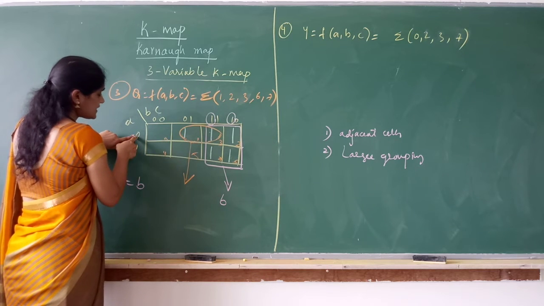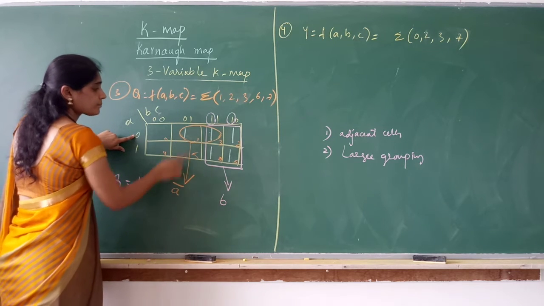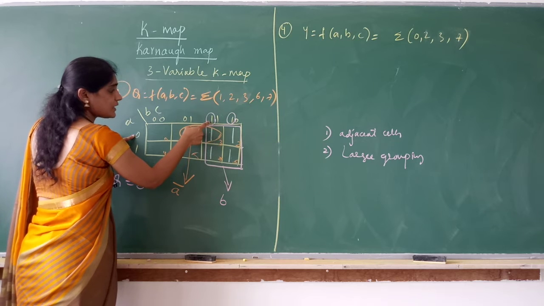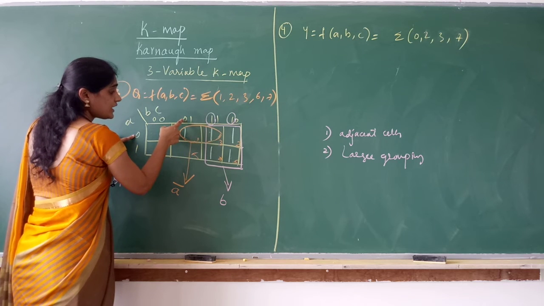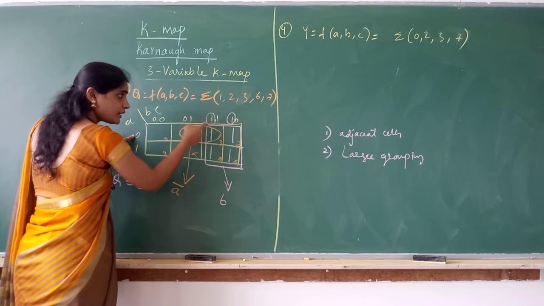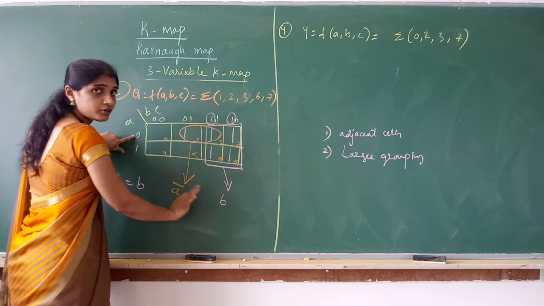For cell number 1, A is 0. For cell number 3, A is 0. So I'll write A bar. Next, for cell number 1, what is B? 0. For cell number 3, what is B? 1. B is 0 for this cell, B is 1 for this cell. So B will get cancelled. For this particular grouping, B will get cancelled. So I am not going to write B.